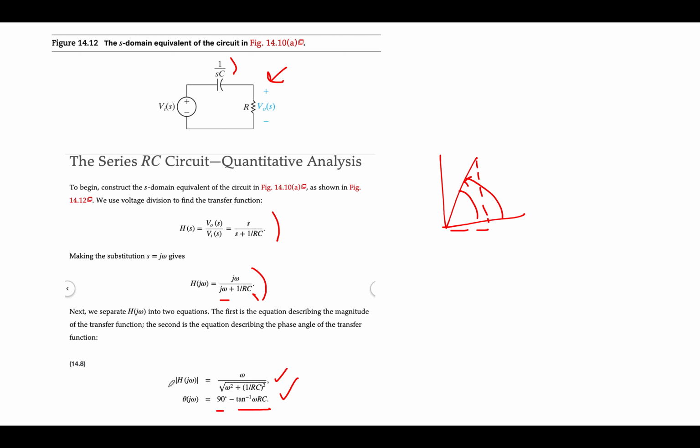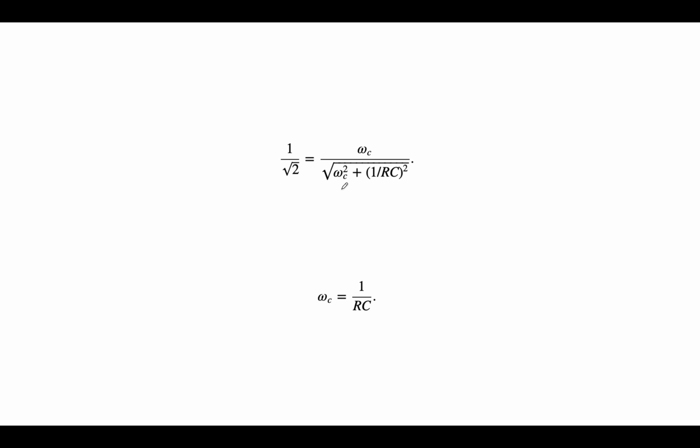Remember that your cutoff occurs when this magnitude is equal to 1 over the square root of 2. That occurs when omega is equal to omega c, and if we solve for omega c there, we get 1 over RC. Note that that's the same cutoff frequency that we had for the low-pass filter, so we actually have our pole located in the same spot.